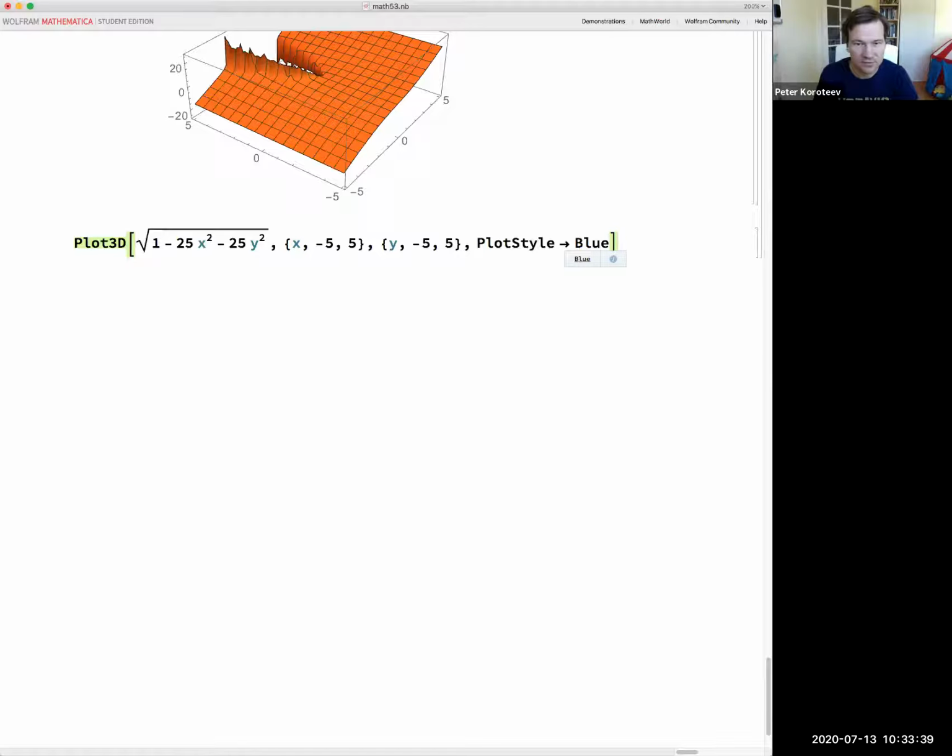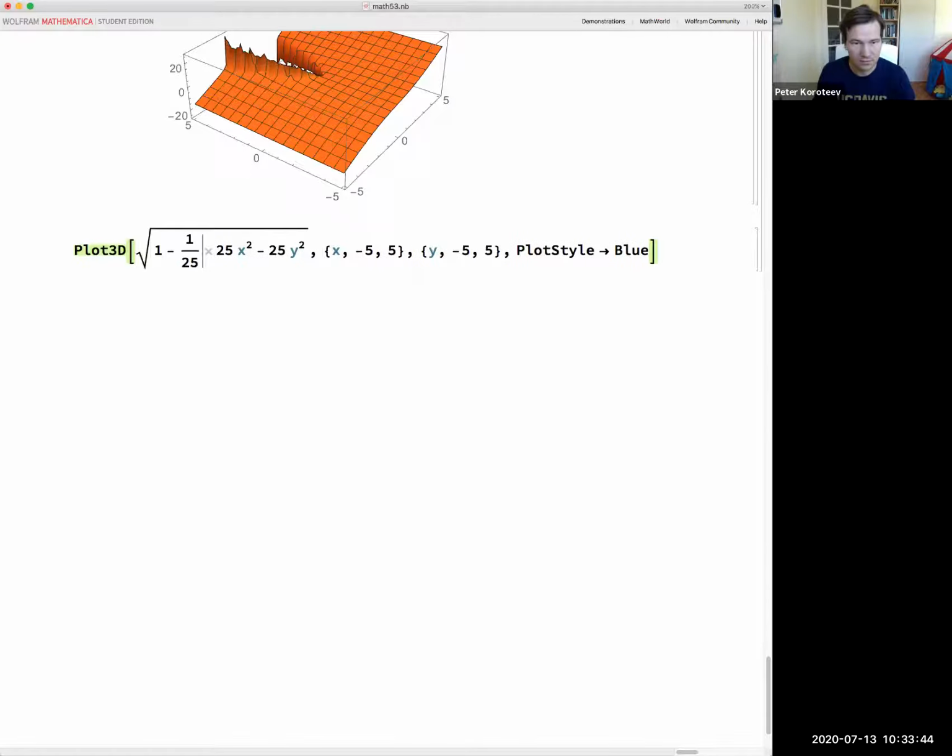Or rather, I'm sorry, 1 over 25. So if I draw that, what does this function show? Any guesses? Remember, that should be equal to f of x, y, which is z.